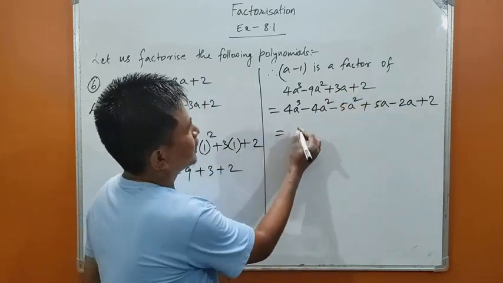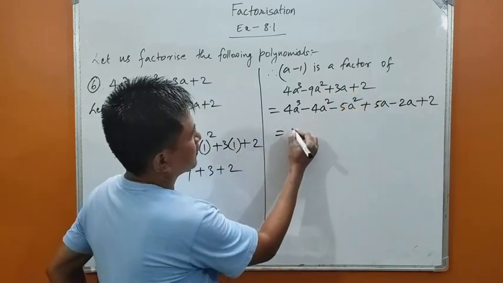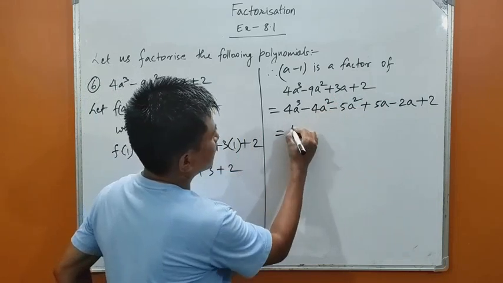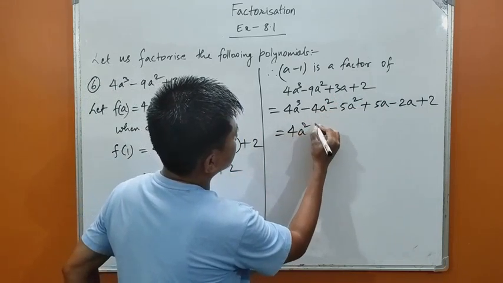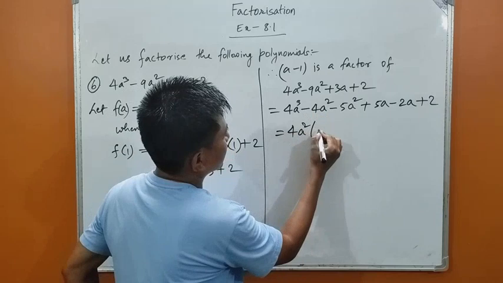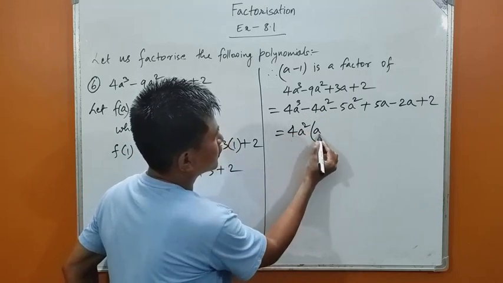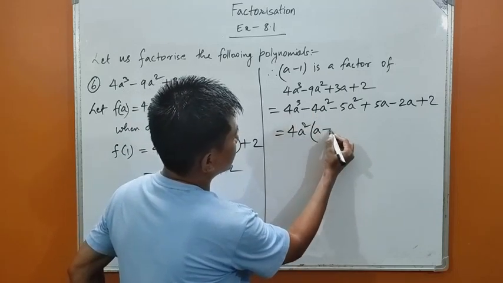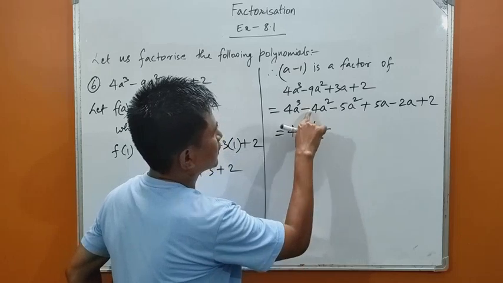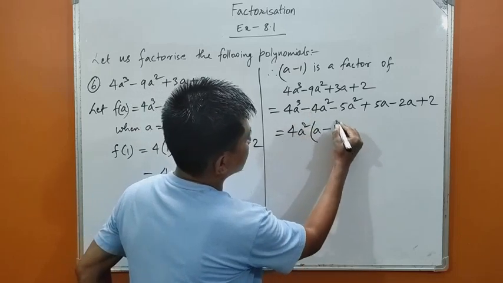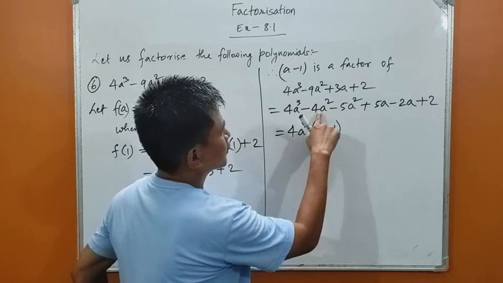Okay, now let us take 4a square common. So within the bracket remains a, because 4a square into a is 4a cube, plus into minus is minus 4a square into 1. 4a square into 1 is 4a square.